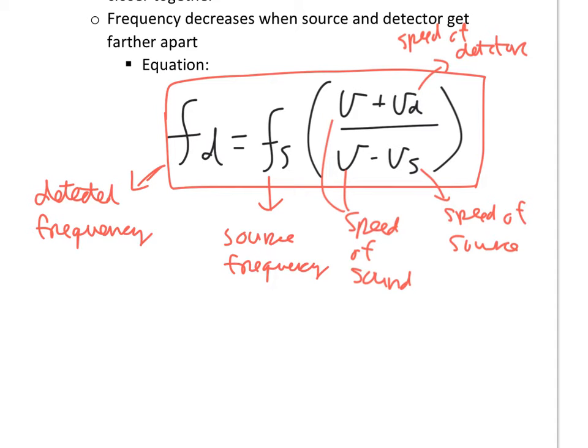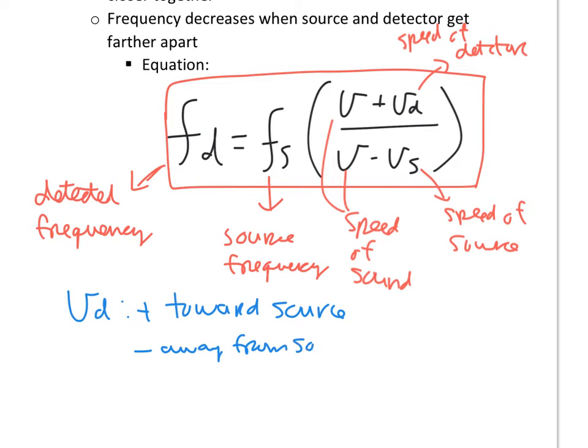There are some sign conventions that you need to know. The speed of the detector is positive if it's moving toward the source, negative if it moves away, and it's the same thing for the source.